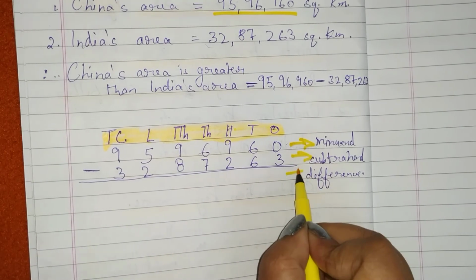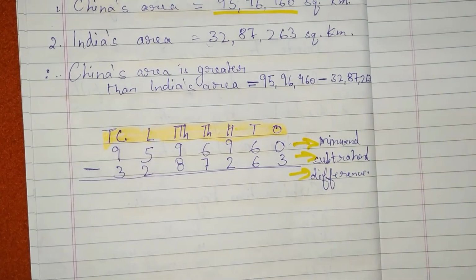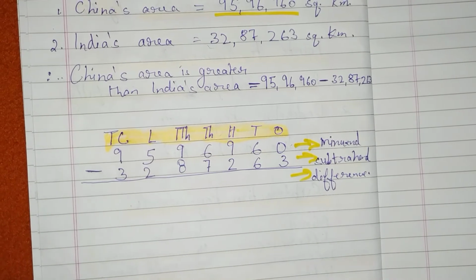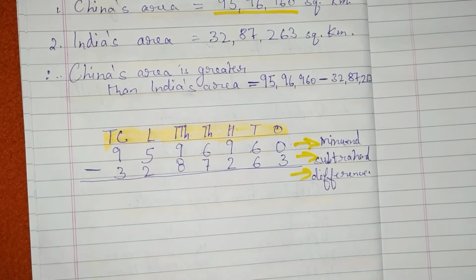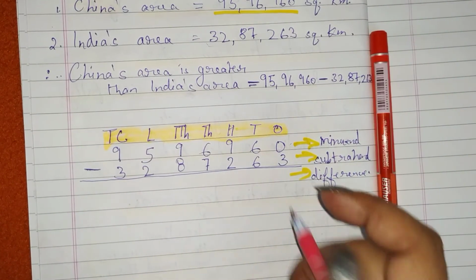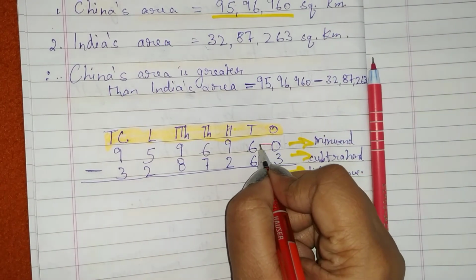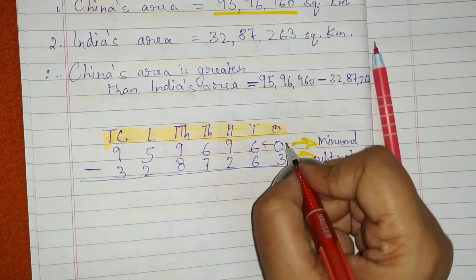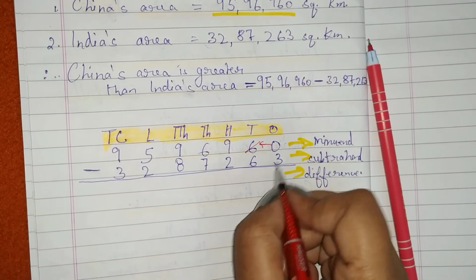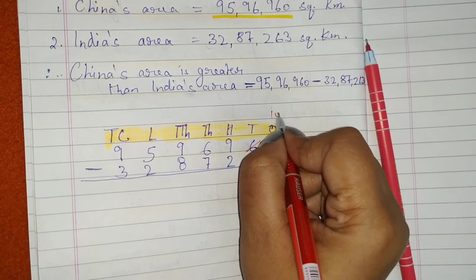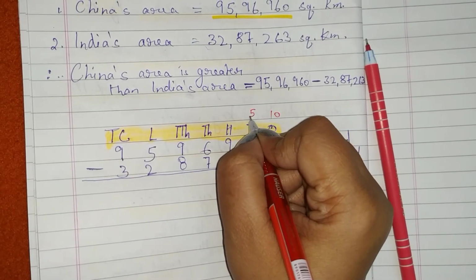So this is clear to you all. Minuend, subtrahend and difference. We always start subtraction from which side? Right hand side. Yes. Can we subtract 3 from 0? No. Why? Because 0 is smaller. It will go to tens place and ask for help. 6 will give 1 to 0. It will become 10 and this will become 5. Very good.